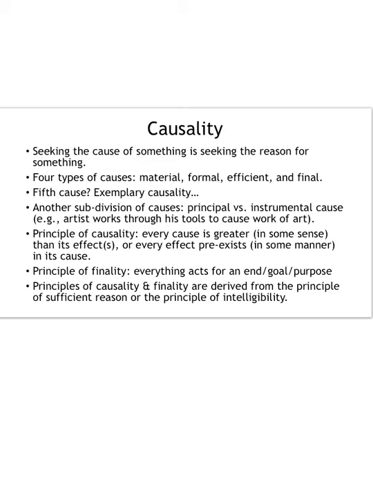And they mean basically that there's an explanation for everything, or there's a reason for everything. Remember that cause is another word for reason. The Latin word, causa, actually means reason. So we go from the principle of contradiction to the principle of sufficient reason or intelligibility.